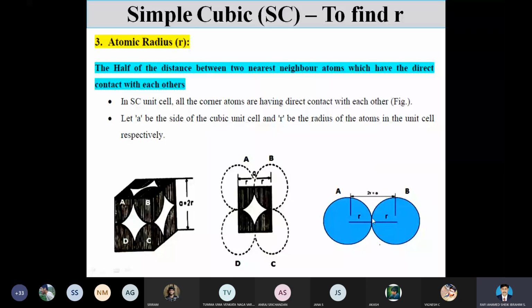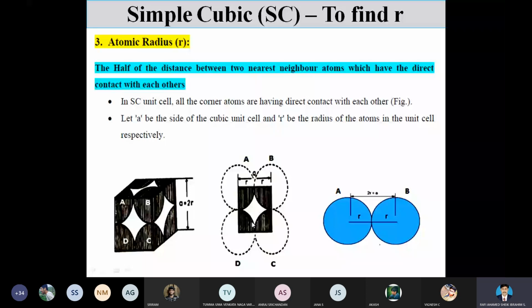So we have to consider half of the distance from these two atoms. For the A atom, the half of the distance is R. For the B atom, the half of the distance is R. So these R plus R is 2R. From the structure, we can say that this 2R is the side of the crystal structure.